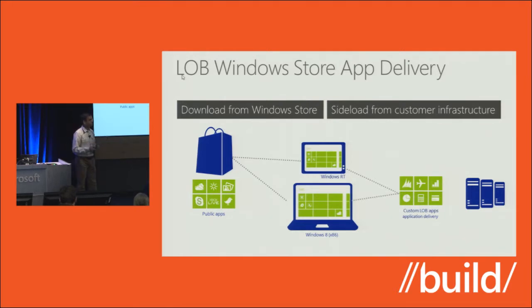I'm a very small business. I just want to get it on my employee's machine, 1 or 2 employees, 1 or 2 devices. Great. Enable that machine, whether it's a Windows RT, Windows Pro, or if it's enterprise joined, if it's an enterprise SKU, great. Enable those machines for side loading through a few simple steps, and you run the Add-AppxPackage command, a simple PowerShell script, to get that app onto the employee's machine. So as simple as that.